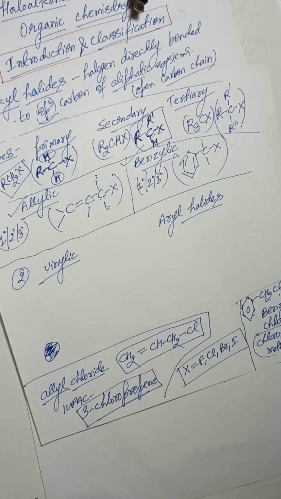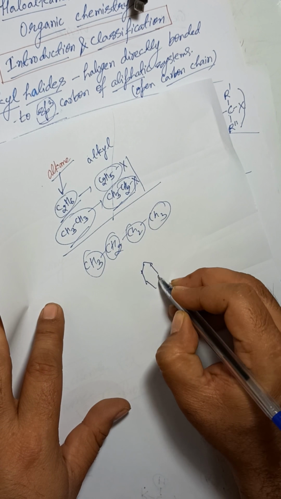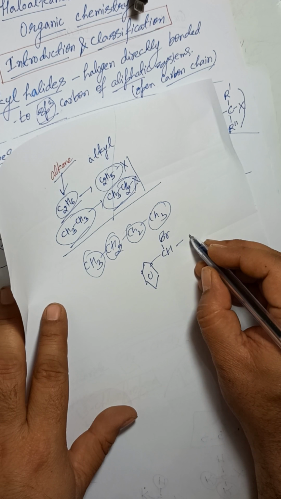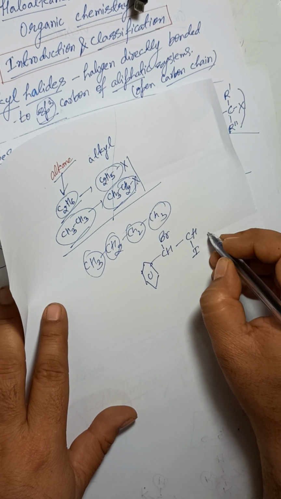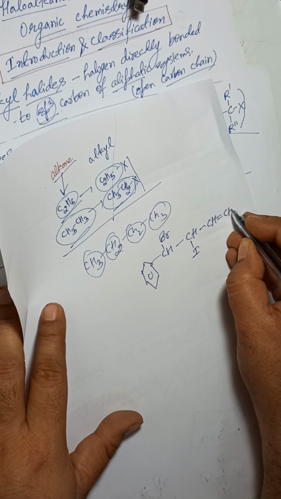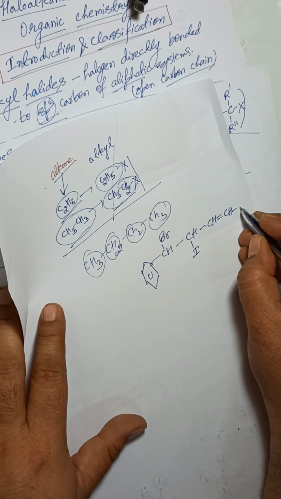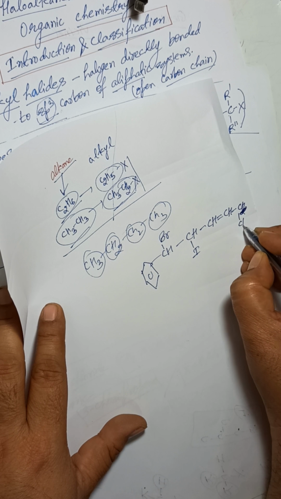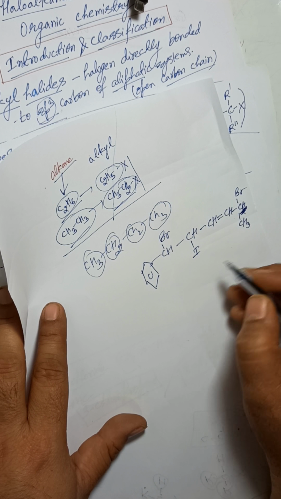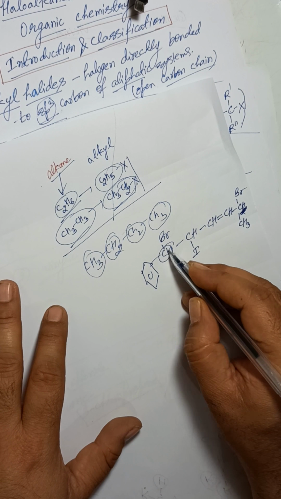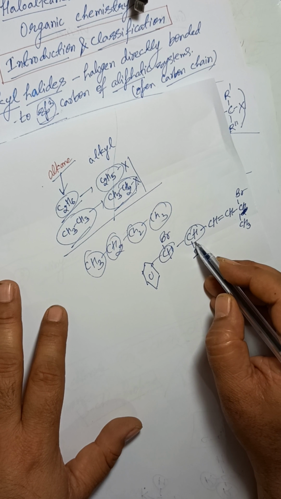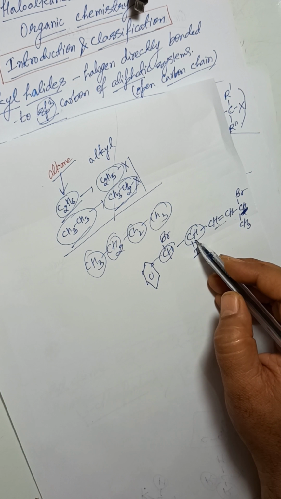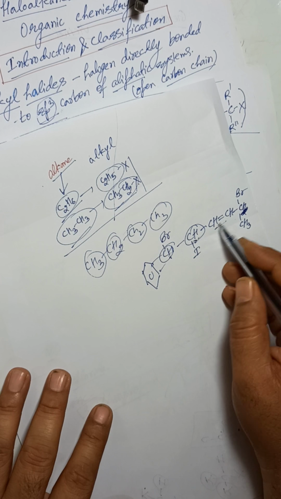Now let's give you one example. Finally, this is a benzylic position, correct? This position is not benzylic, this position is allylic, adjacent to a double bond. This is the allylic position, this is the benzylic position, this is the allylic position.